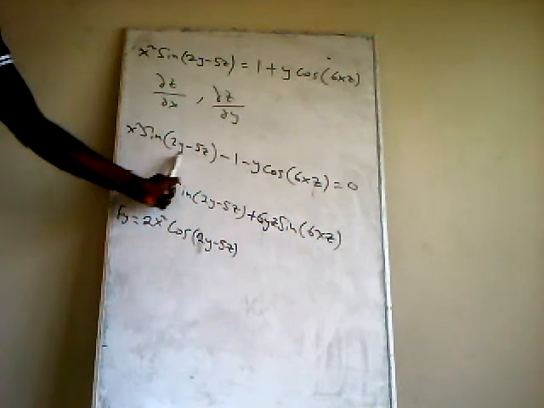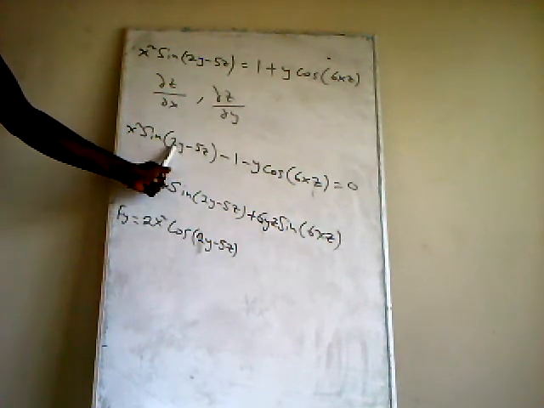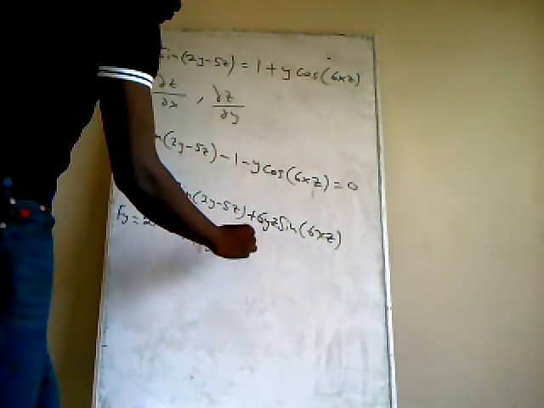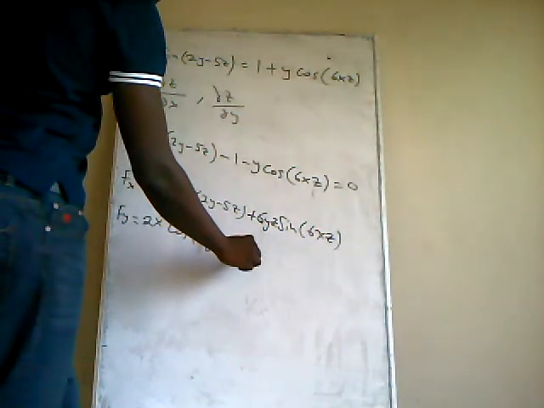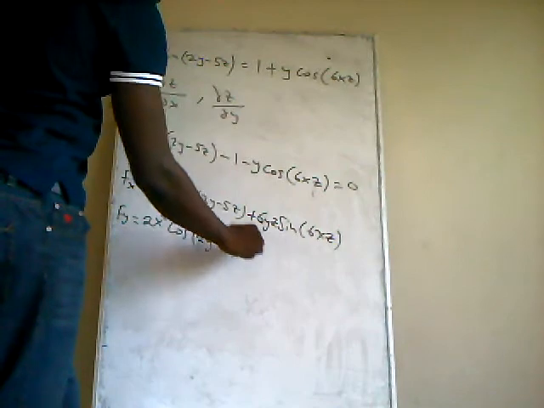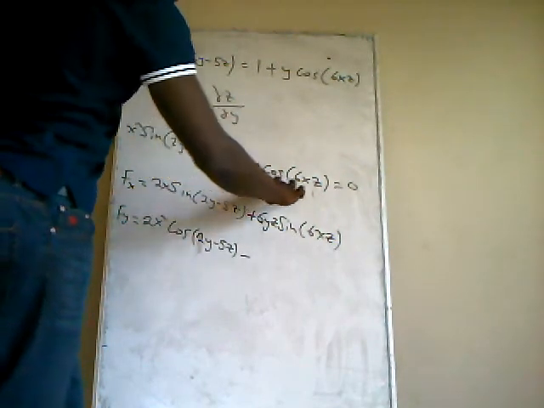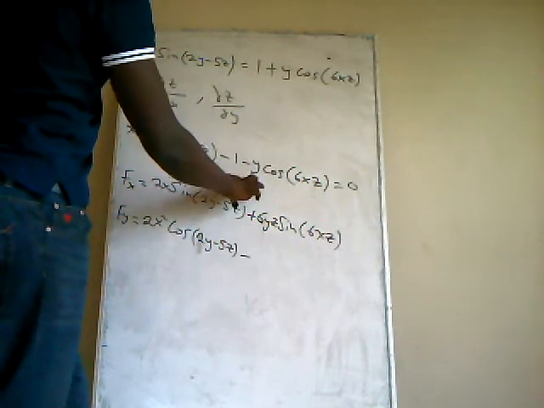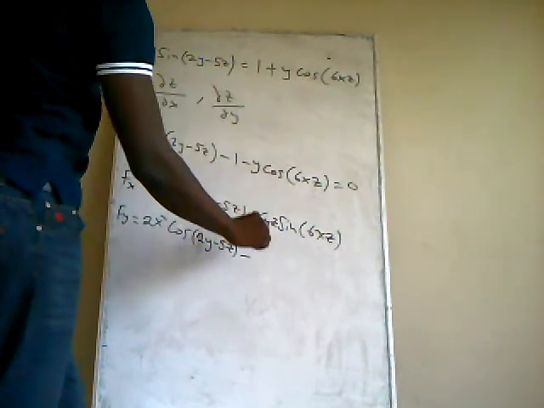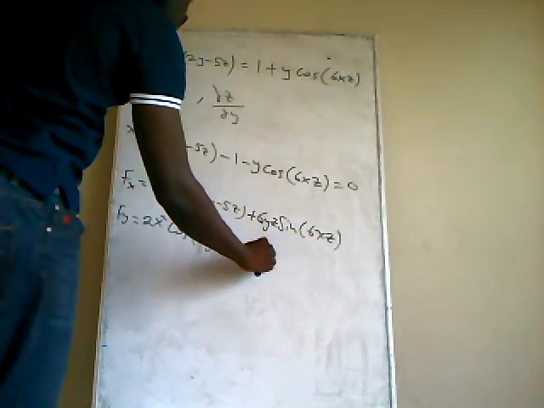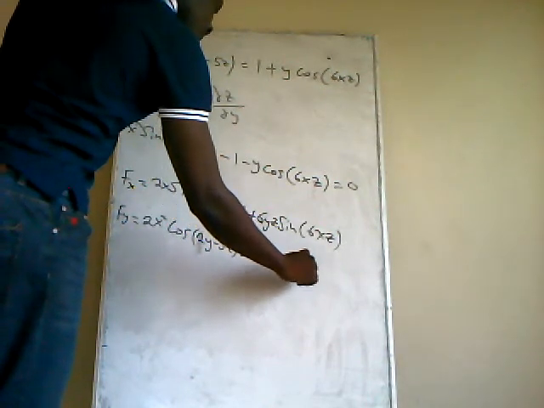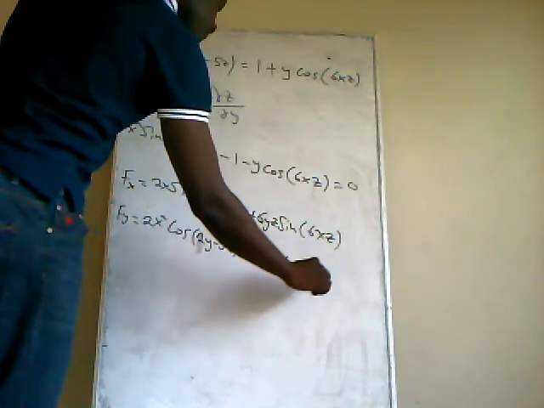Then differentiate here with respect to y, and I'm going to get 2, because this is a constant, and it becomes 4. Minus, all this is a constant, because it has no y. Differentiating this with respect to y, I'll get 1. So I'm going to get minus cos 6xz.